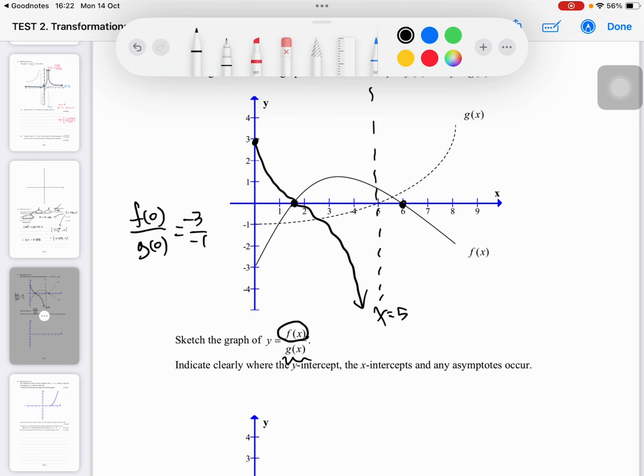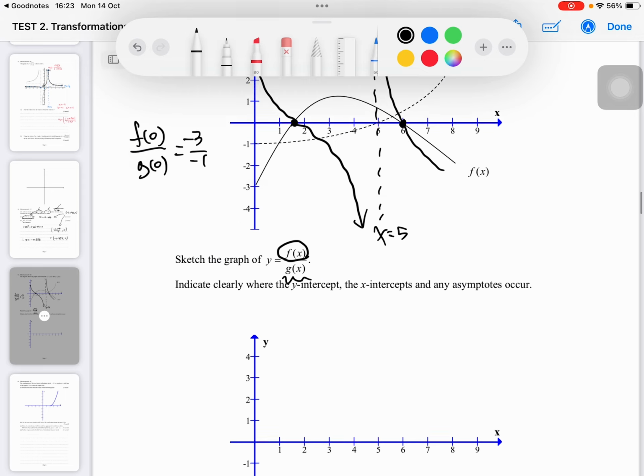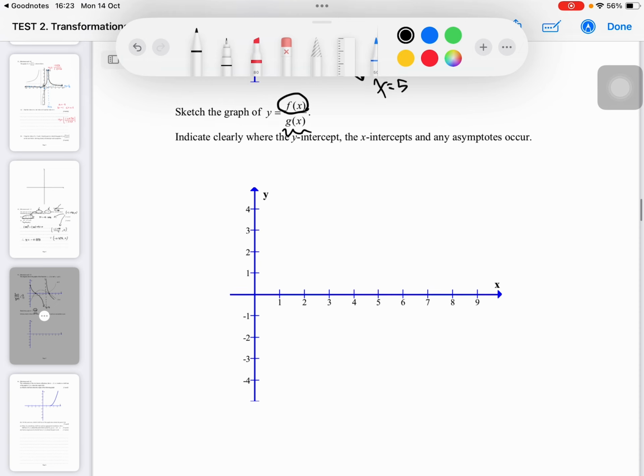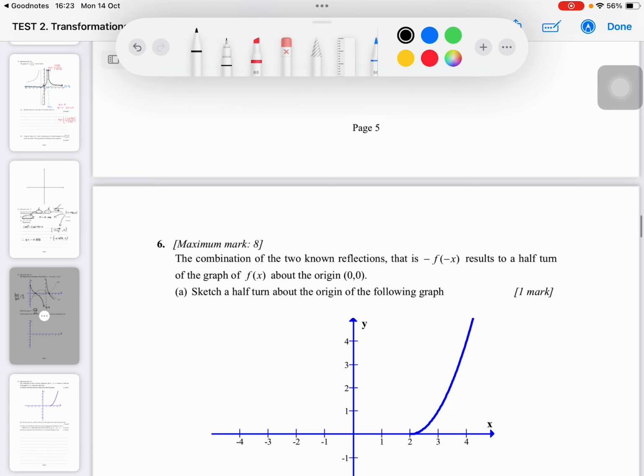And this one, both of them positive, so this is positive. But the denominator is 0, which is positive infinite. And this one is not very clear, but they have opposite signs, so let's make it like this. So this can be the sketch of f over g.